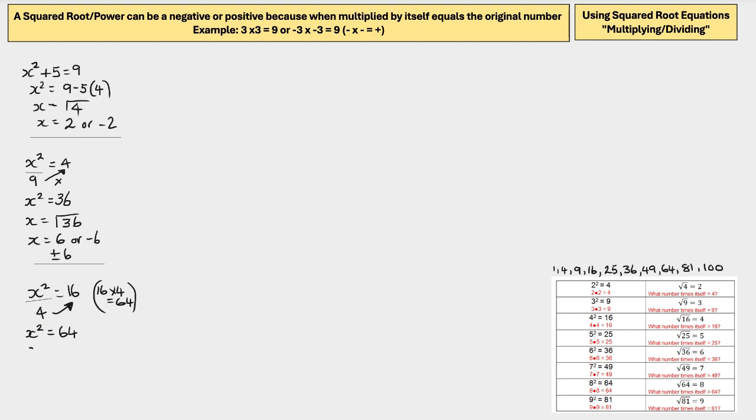Need to get rid of the squared. So we're going to square root 64. x, we look over here. We know that the square root of 64 is 8 because 8 times 8 is 64. So there is our two possible answers.